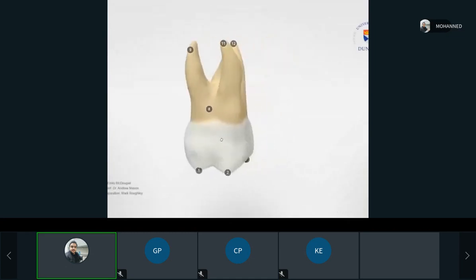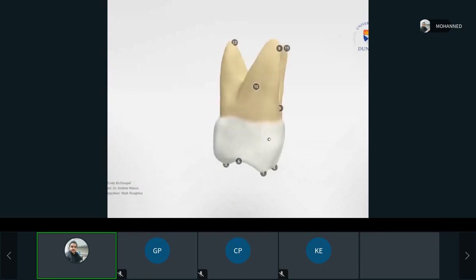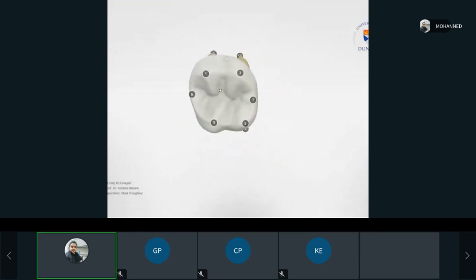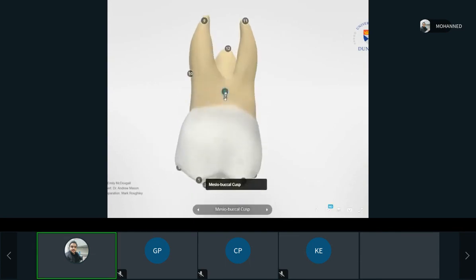How many roots we have? 3, right? That's for all maxillary molars. And how many cusps? 4, but usually we actually have 5 for the maxillary first molar. So these are 2 cusps on the buccal side, right?